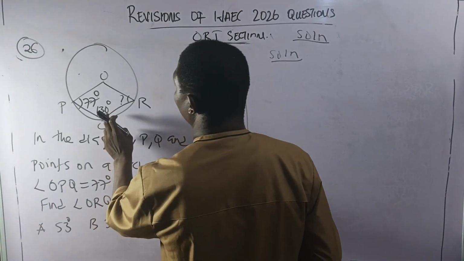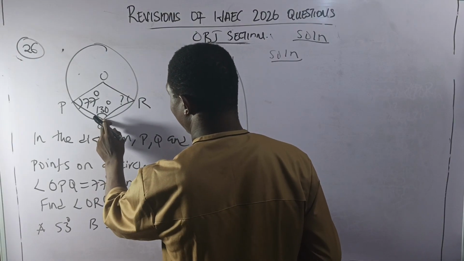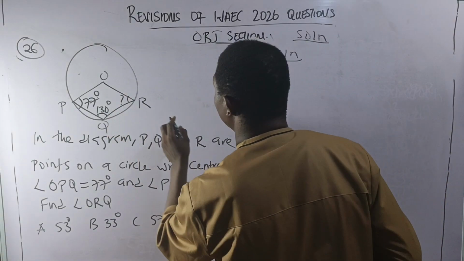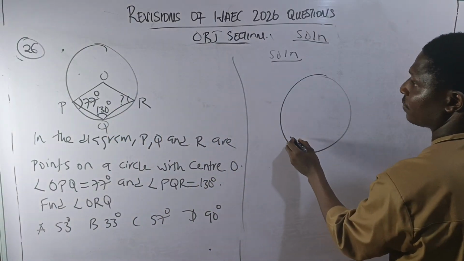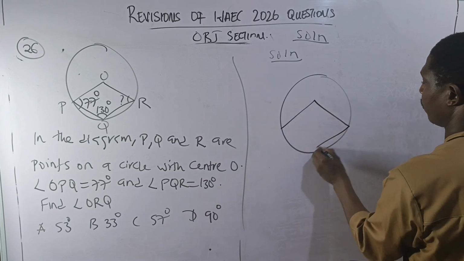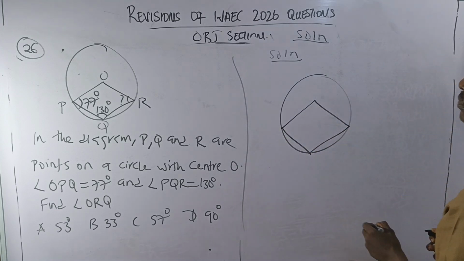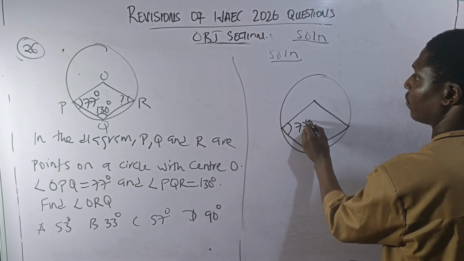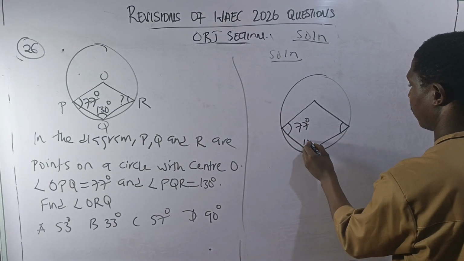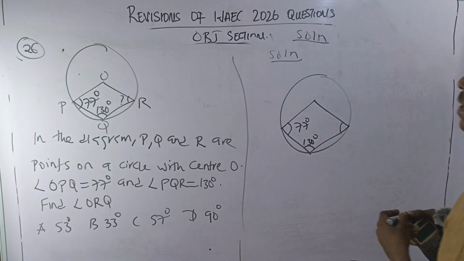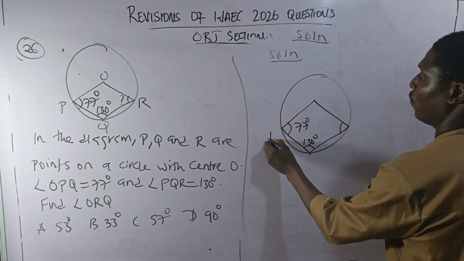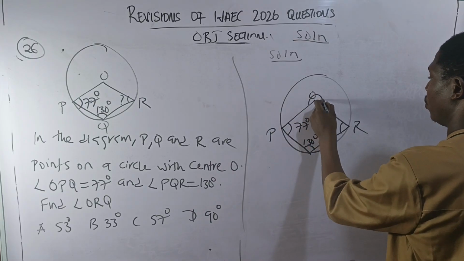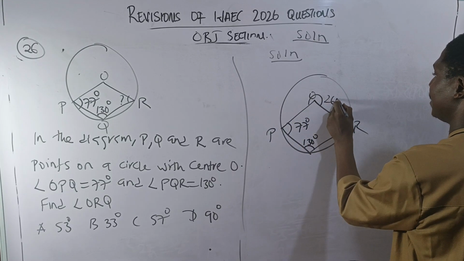Remember, if this is 130 degree for this angle here, the reflex of POR will be equal to twice this. So I'll have my reflex of POR will be equal to twice this angle, which will give me 260 degree.